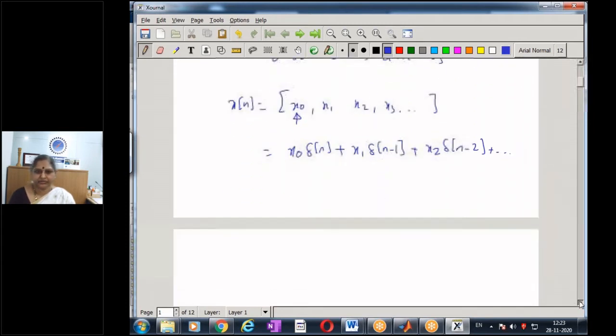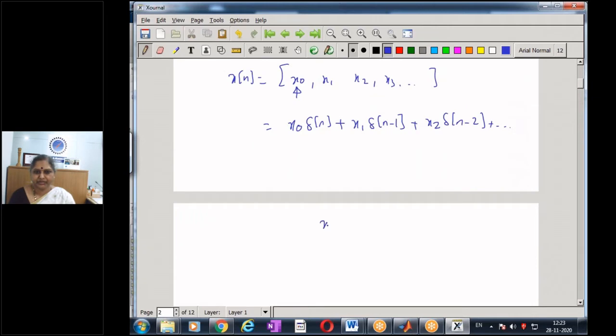If I want to sketch my signal x[n], I know that I can sketch it as x[0] delta[n], x[1] delta[n minus 1], x[2] delta[n minus 2], x[3] delta[n minus 3], and so on.